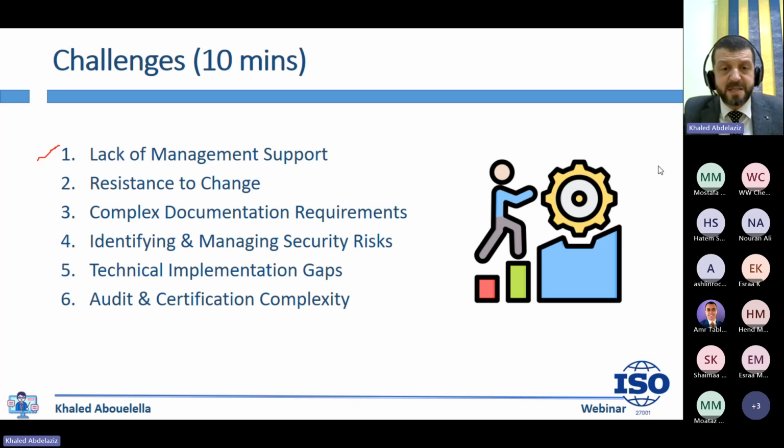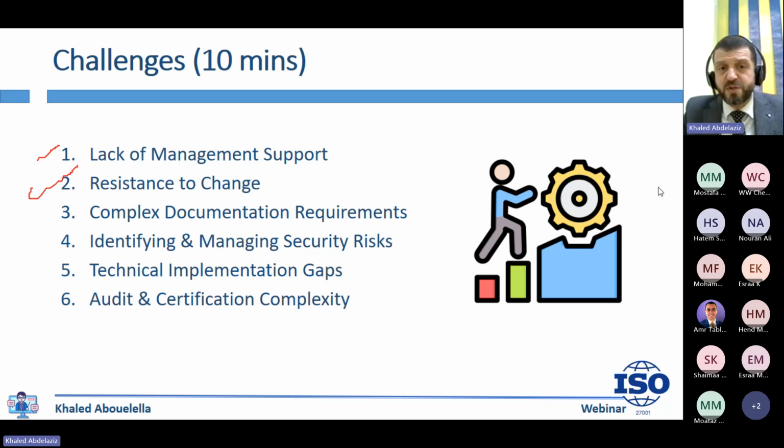But by the way, if you do not have management support, who will give you the funds and the resources? So you need to overcome this situation by highlighting the business benefits to the organization. You can use a business case study of organizations getting a new client because they implemented ISO 27001.